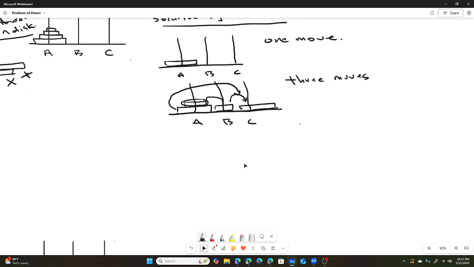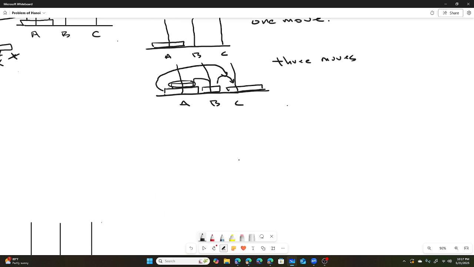The problem becomes more complicated when we start thinking about three discs. So you have three discs. How do we transpose all of this to pin C?